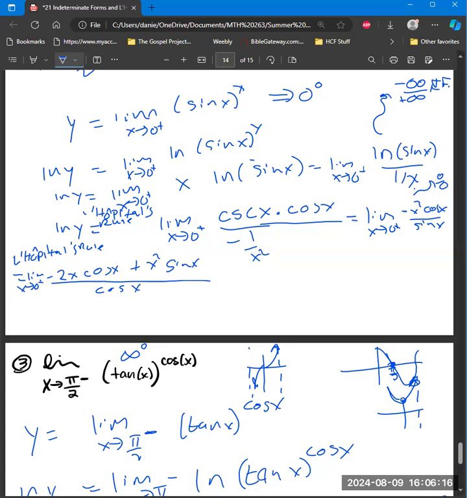So this is going to be approaching 0 times 1 plus 0 times 0 over 1. It's going to go to 0. And don't forget that this is ln of y equals 0. So y, which is my limit, is equal to e to the 0, which is 1.